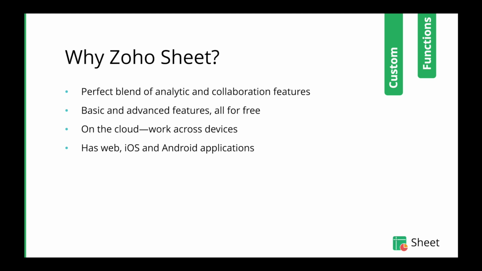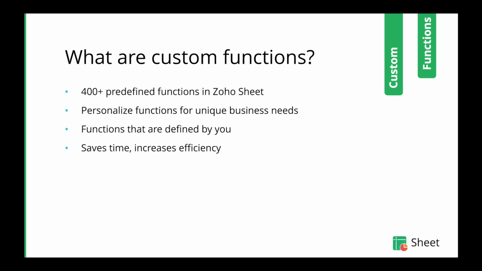In Zoho Sheet, all your files will be stored on the cloud, so you can access them anywhere using any device instead of sticking on to one particular hardware device. And Zoho Sheet is also available on iOS and Android, so you can use your spreadsheets on the go using your smartphones.